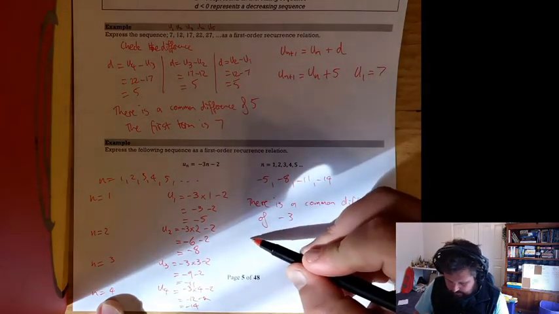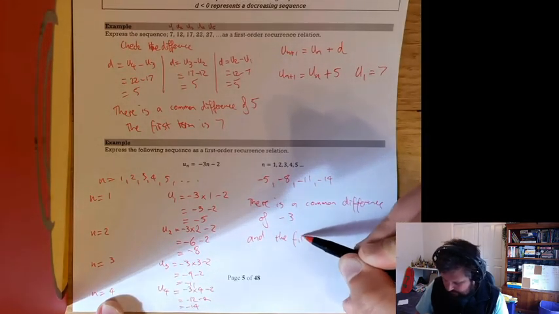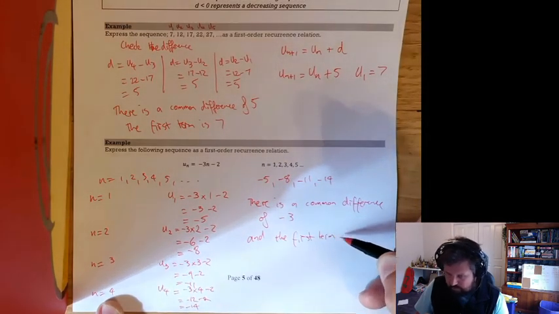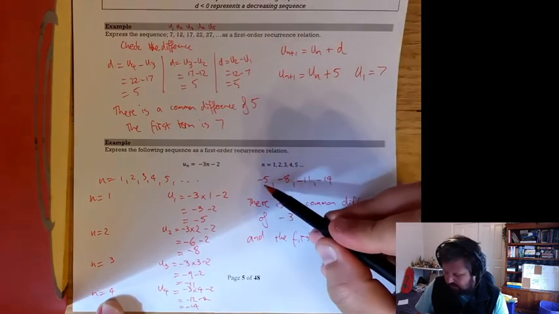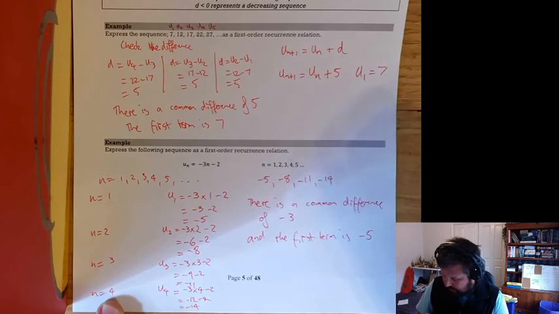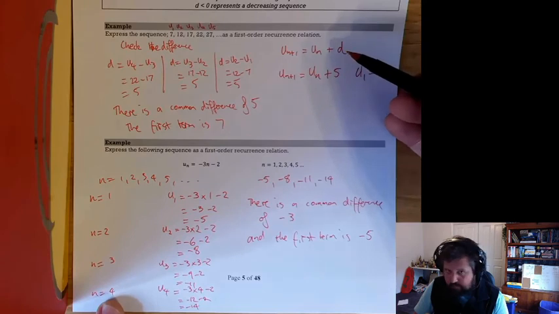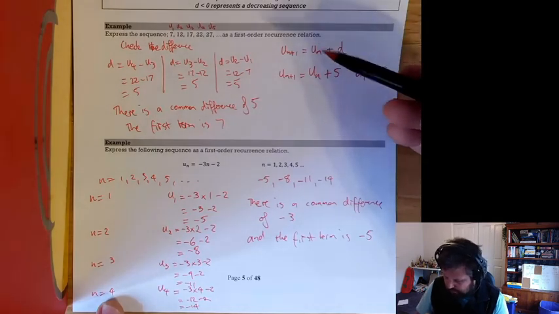And we've also got that the first term is, you should be able to fairly clearly see that it's -5 there. Alrighty, we've got the common difference, we've got the first term. We can use this formula from above to write out this recursion relationship.